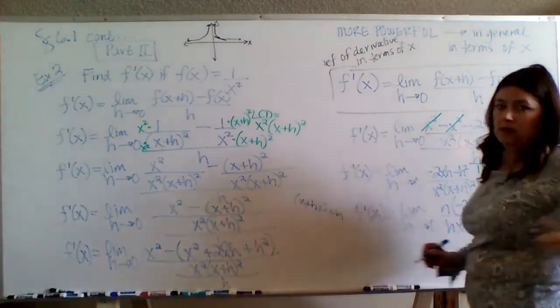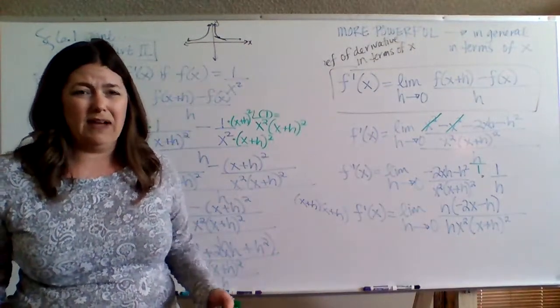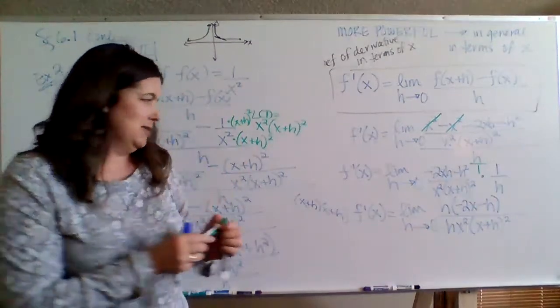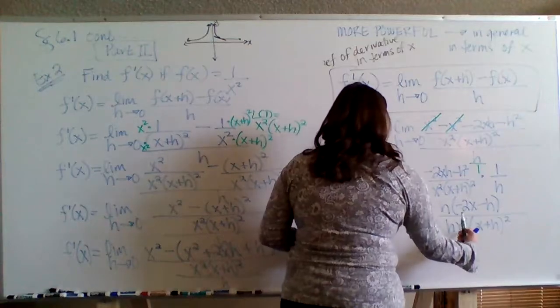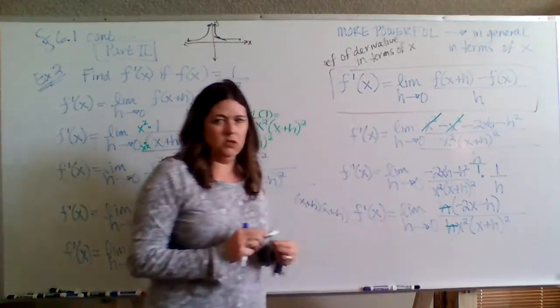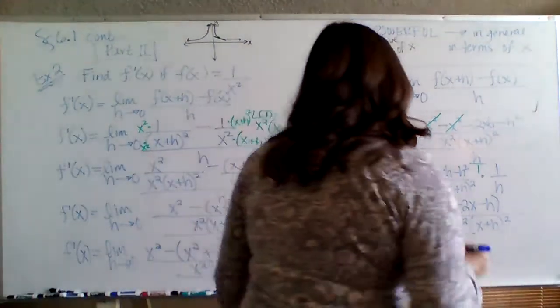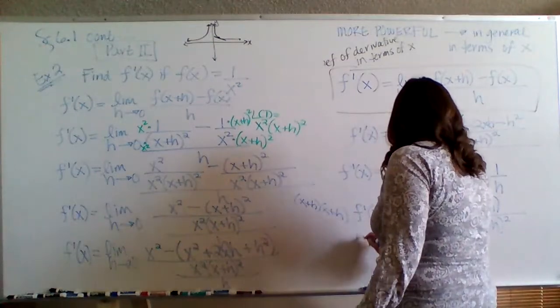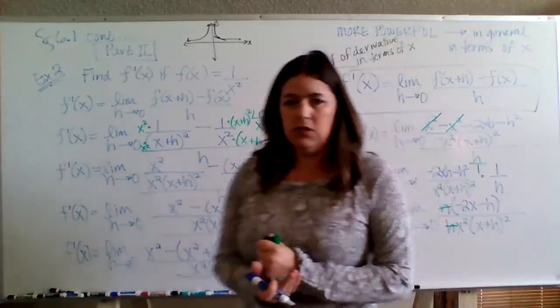So again, this is why we wanted that denominator left in factored form, because we're really trying to get rid of the bad factor. You guys, the bad factor is the h. But now if it's h times all of this, h times x squared times all of this, can these h's as common factors reduce out? And if we were just able to reduce the h's out and our bad factor goes away, then that means now we should be able to drop the limit notation because we're ready to do direct substitution.